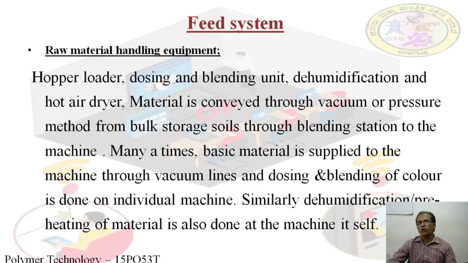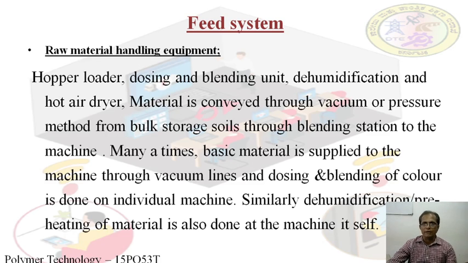Along with this, a dosing unit will be there, a blending unit will be there, and also dehumidification of the material is done with the help of hot air. This hot air is supplied by the dryers, which are arranged at the bottom of the hopper. Material is conveyed through vacuum or pressure method from bulk storage, and there will be a sensor that will not allow the material to overflow.